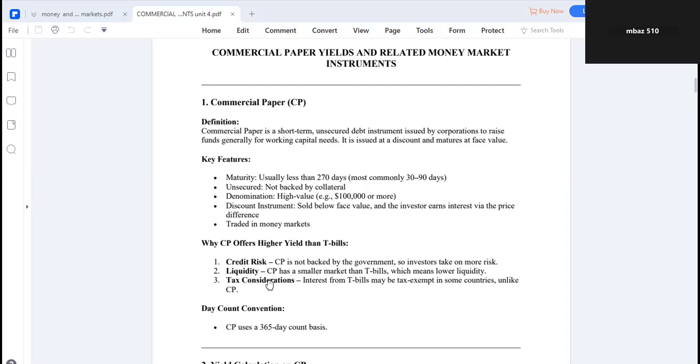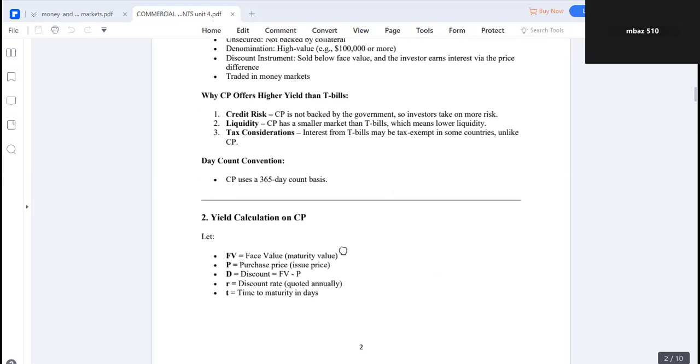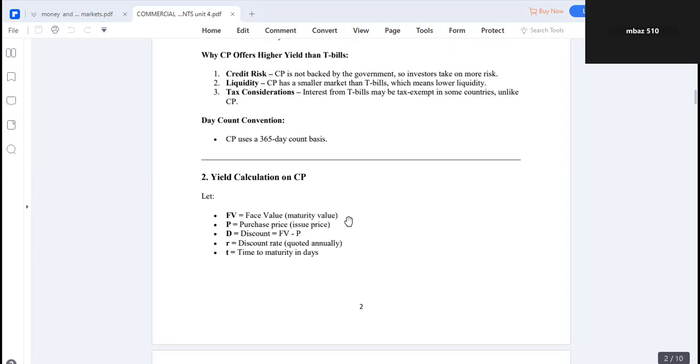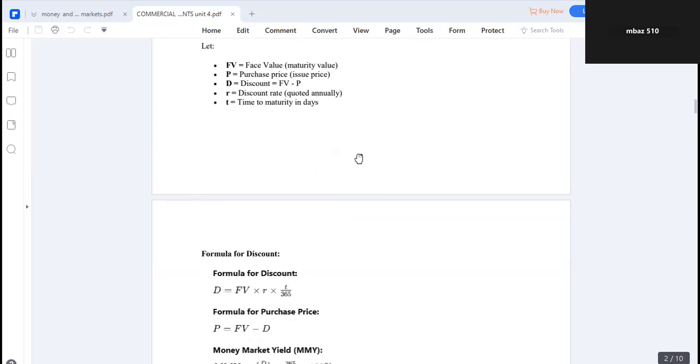So we're going to look at the computations of valuations on the CPs. We have the following information on the calculation of a CP.